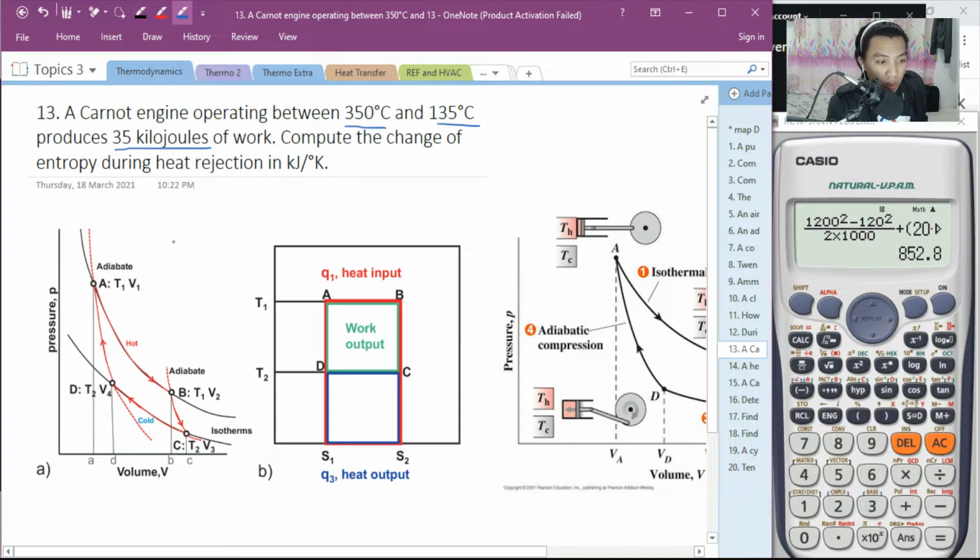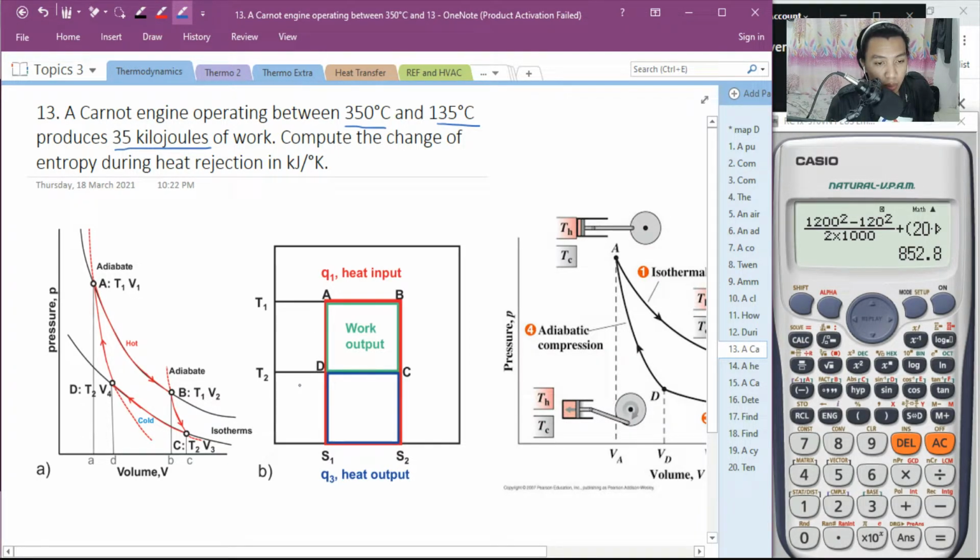So, from your initial state, sa PV diagram mo, mangyari is T1. Baliktad dapat mas mataas yung heat. T1 and then T2. From your 1 to 2, that is adiabatic heat addition.